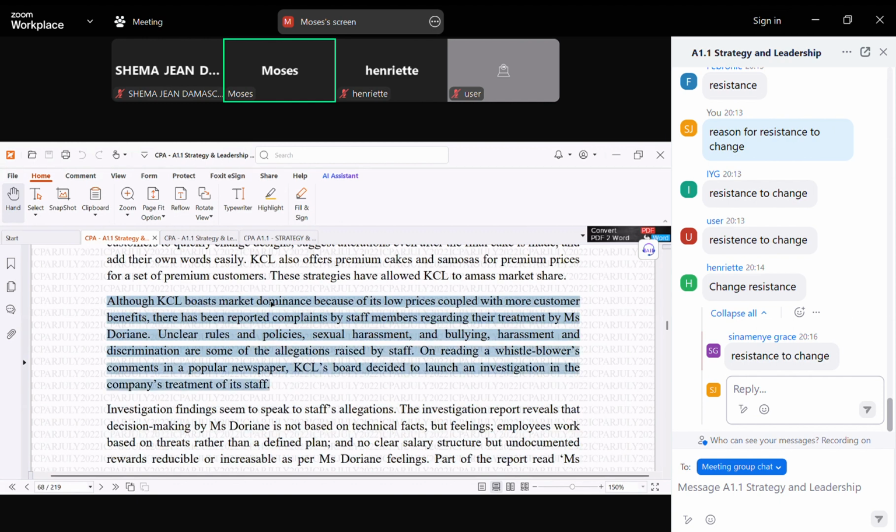Although KCL boasts market dominance because of its low prices coupled with more customer benefits, there have been reported complaints by staff members regarding their treatment by Mrs. Doriane. Unclear rules and policies, sexual harassment, and bullying, harassment and discrimination are some of the allegations raised by staff.